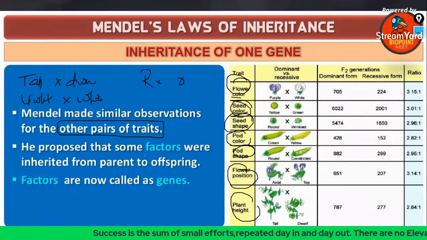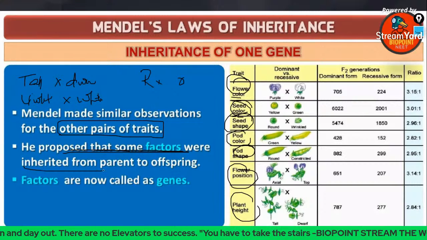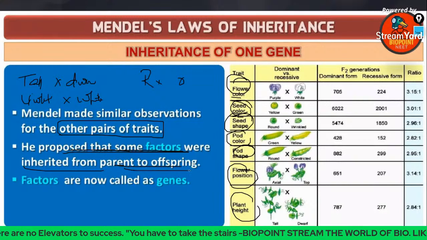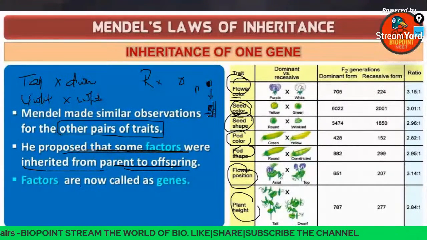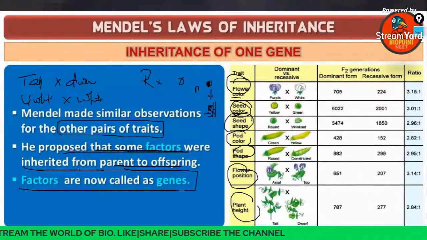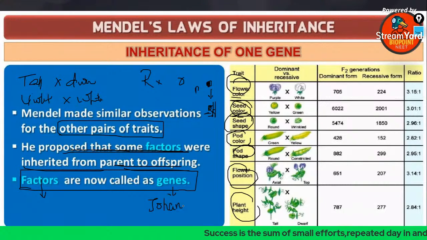After doing these experiments, he proposed that some factors were inherited from parents to the offspring. This factor is passed on to the offspring. Factors are now known as genes. Who coined the term gene? Johannsen, as we studied in the second lecture.